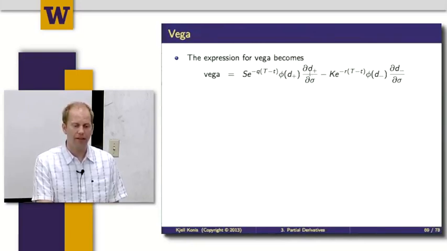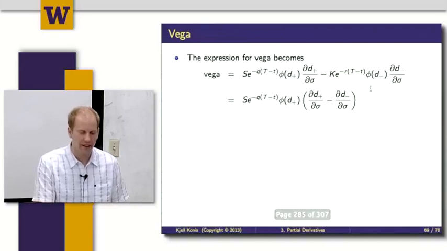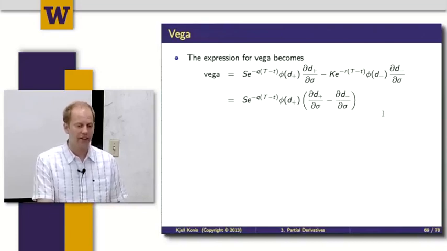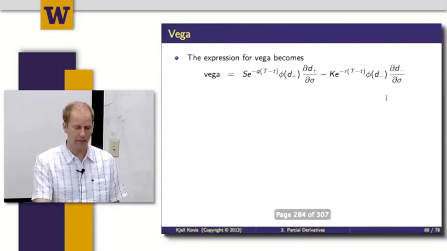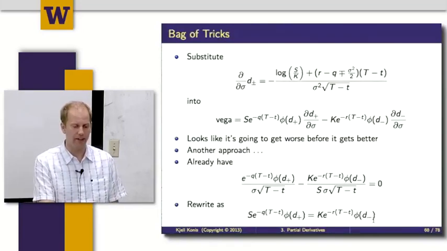And if you look at this a bit, I've got this d plus term here, so the derivative of d plus with respect to sigma, and here a derivative of d minus with respect to sigma. And so it turns out I can rewrite this like this, because on the previous slide, I have this equality relationship here.